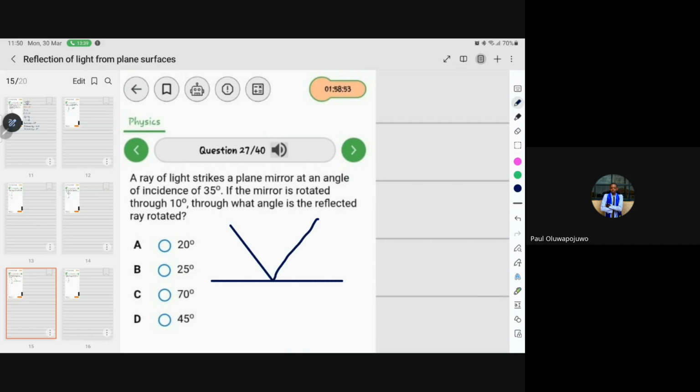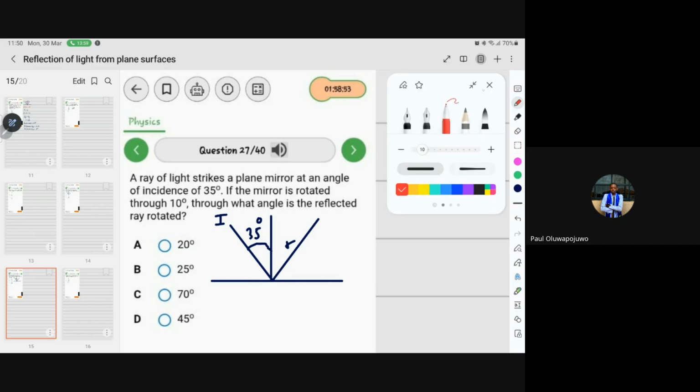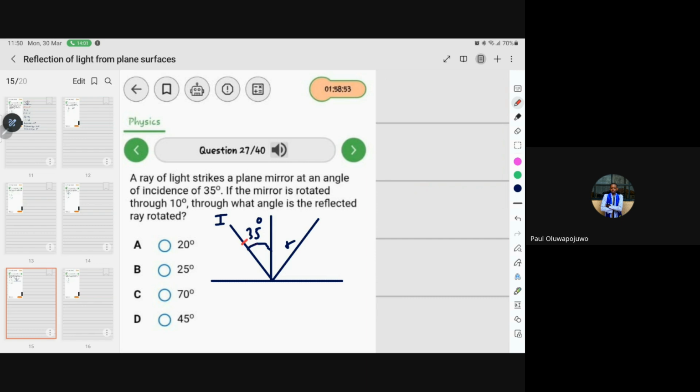If they say the angle of incidence is 35, it means that just here is 35. Where you now have to do something is when they say the angle between the incident ray and the reflected ray, which means the whole of the both of them, from here to here.